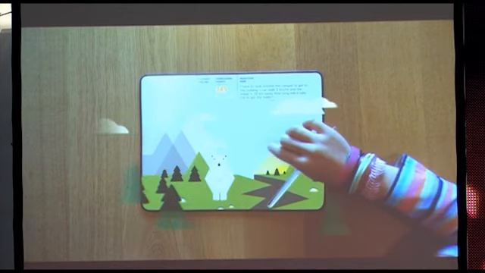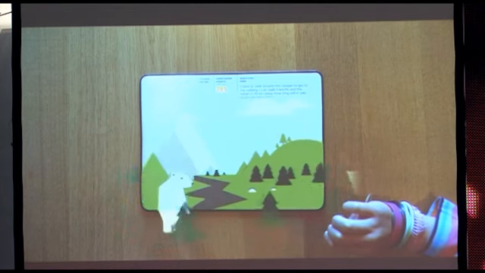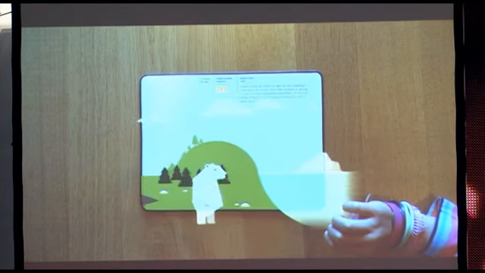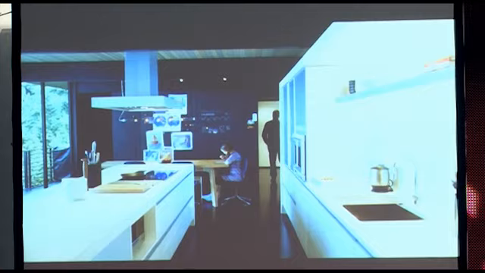Single device for the children as well, something to do your homework on, do your maths on, and also obviously interact with. Notice the three-dimensional display.